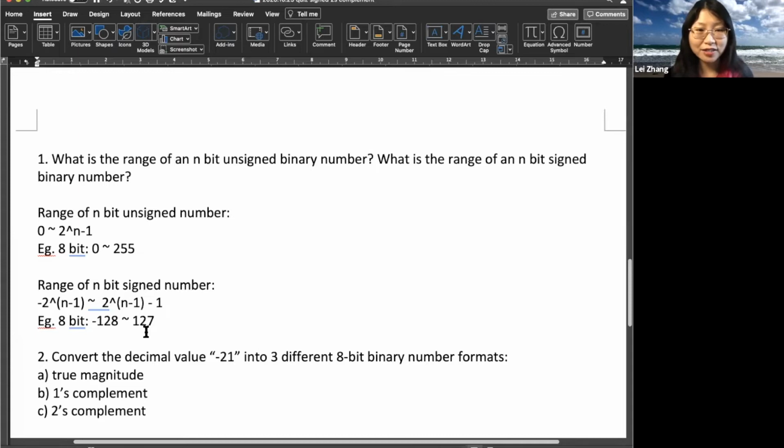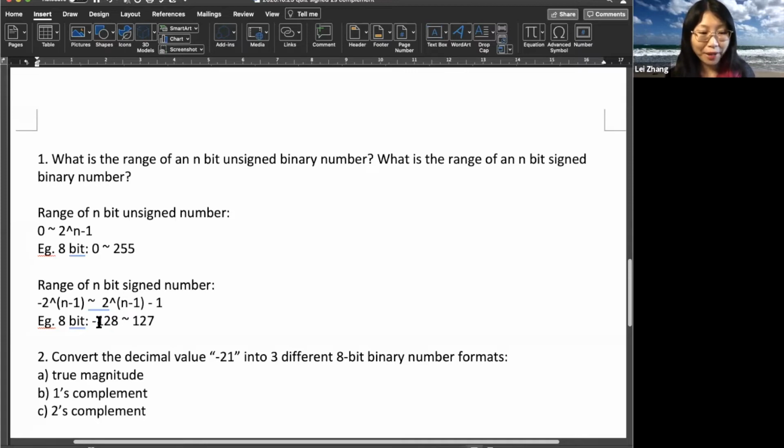So at the end of last lecture, I had a question, a very good question. I can't remember who asked that. So that is why it's negative 128 to plus 127. So it's asymmetrical.